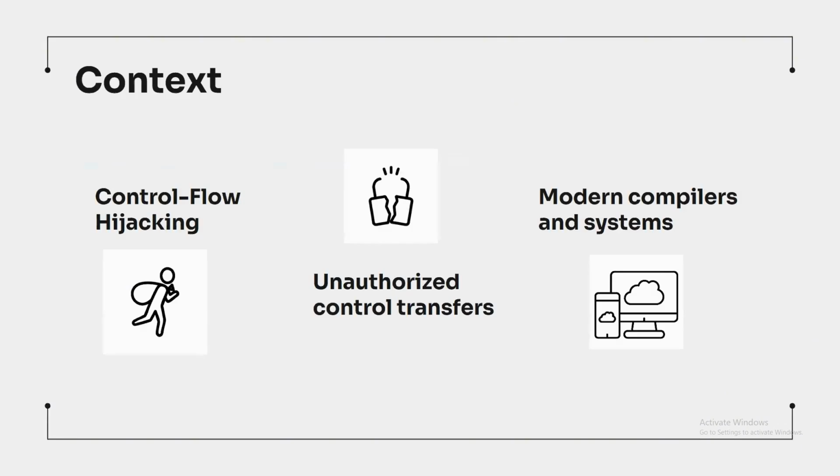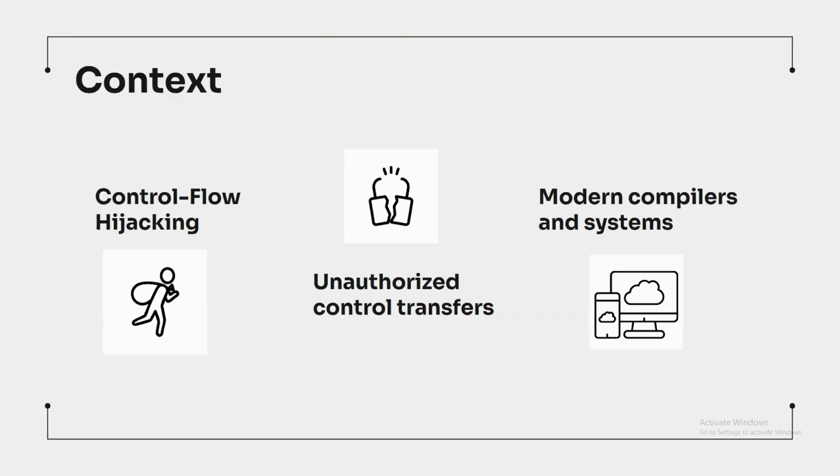As context, control flow integrity has become a key defense in preventing control flow hijacking. It works by ensuring that execution only follows expected paths, like protecting return addresses, jump targets, and function pointers.